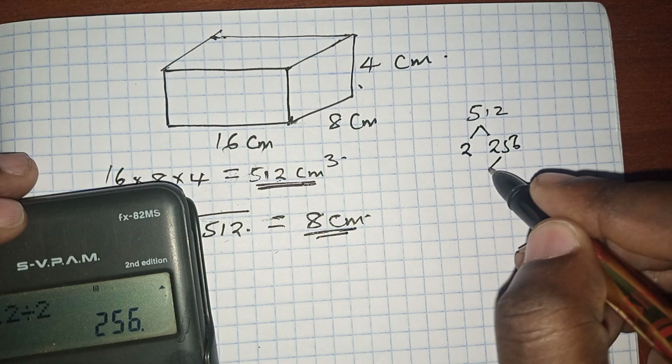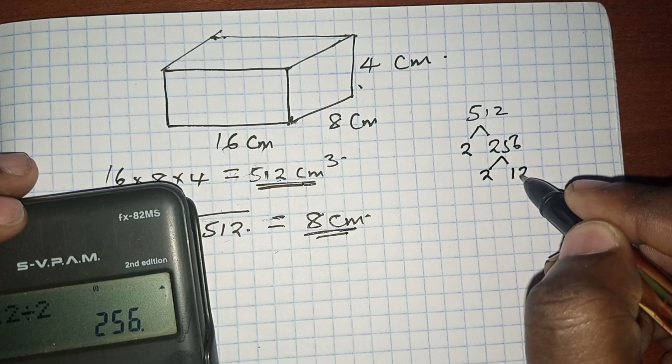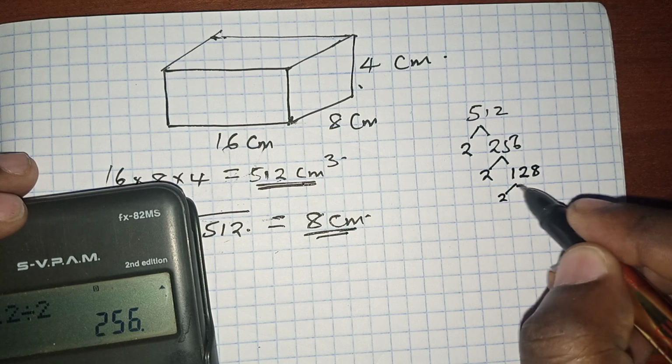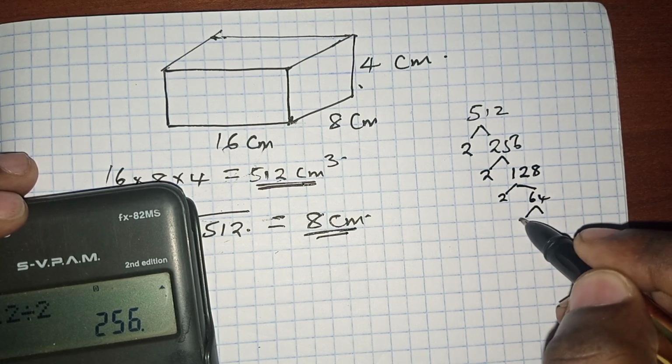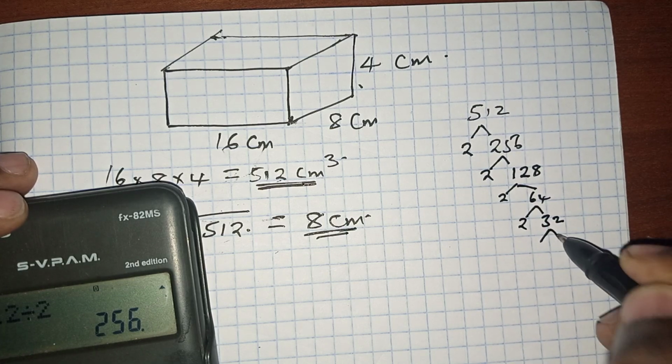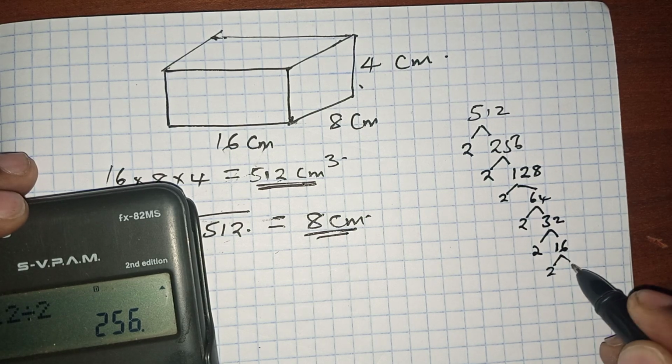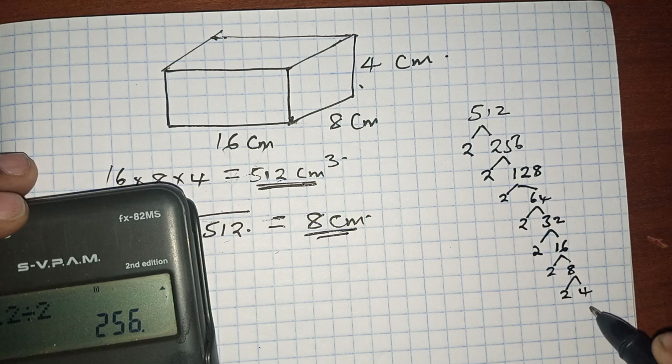Again, this one by 2, you get 128. This one by 2, you get 64. By 2, you get 32. By 2, you get 16. And then by 2, you get 8. By 2, you get 4. And by 2, you get 2.